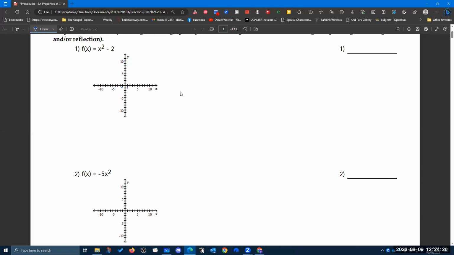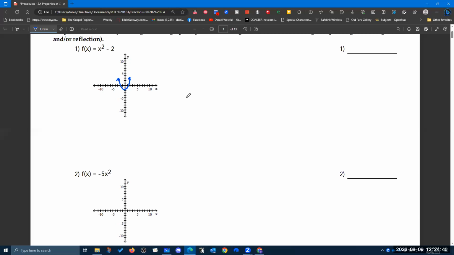Then this one was 2, 4, so down 2 and down 2. We get something that looks like so. There we go.